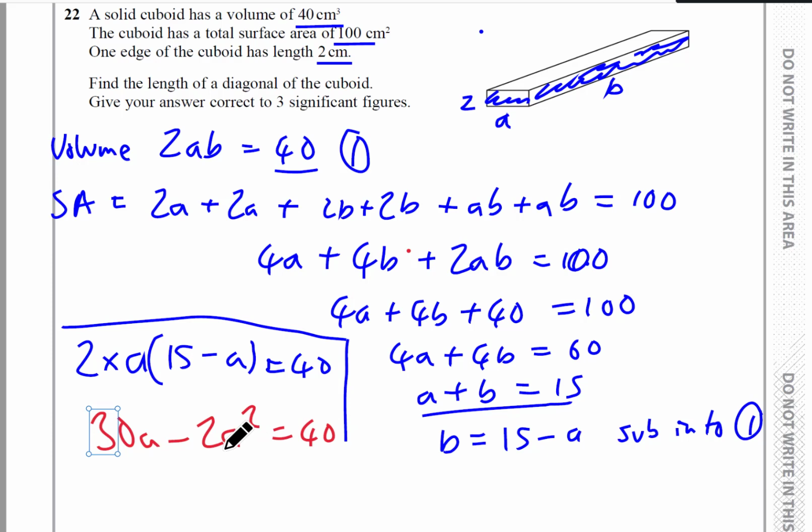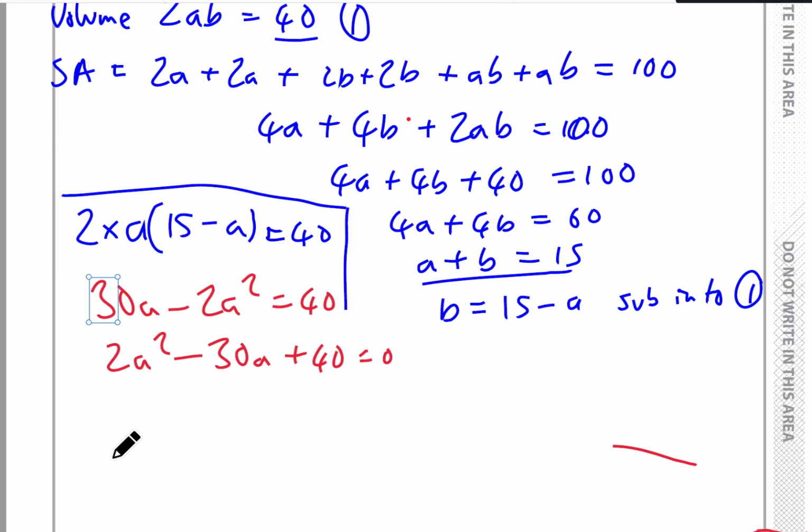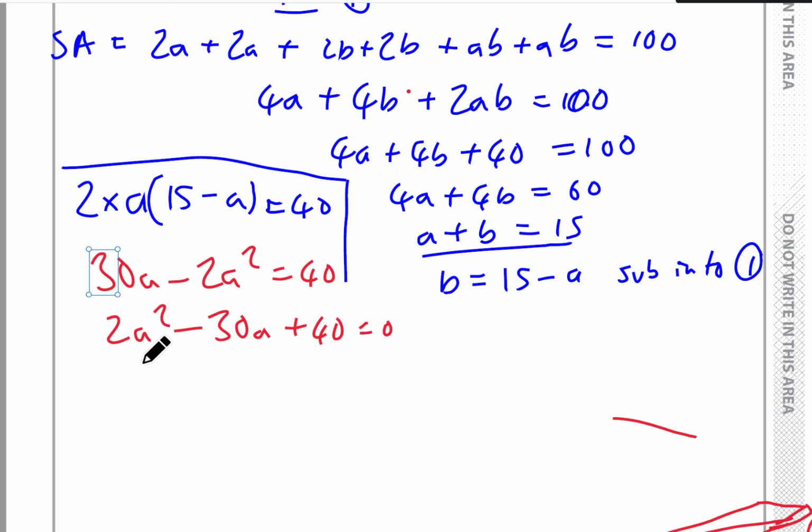Now we should know how to rearrange that, and I like dealing with positive A squared, so that's going to be 2A squared minus 30A plus 40 equals 0. We can divide that by 2 to make it easier to work with, but you don't have to. We get A squared minus 15A plus 20 equals 0.